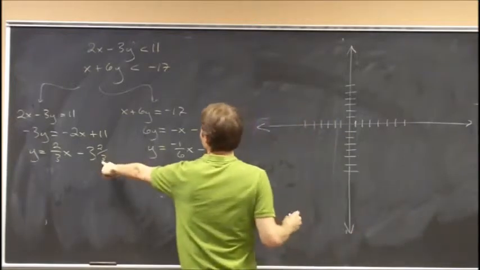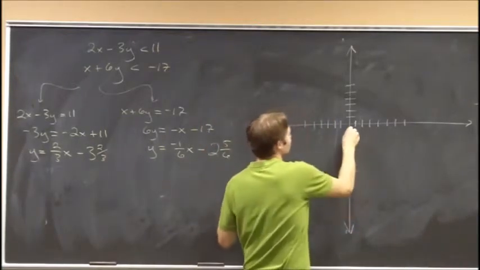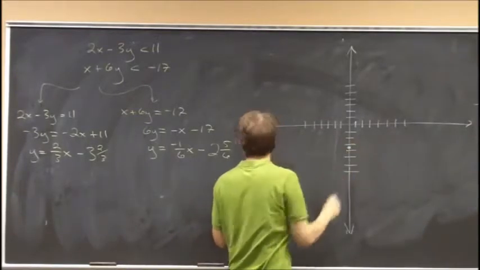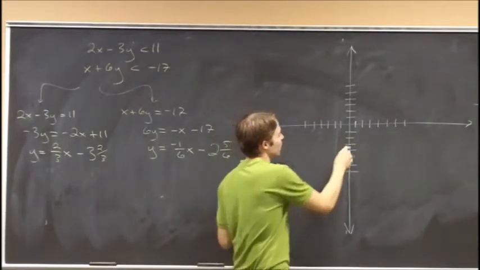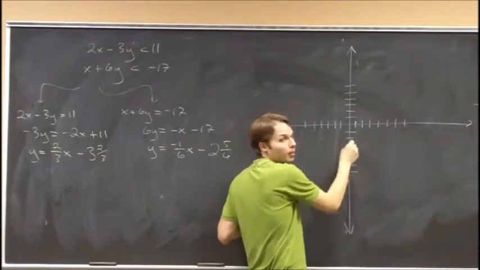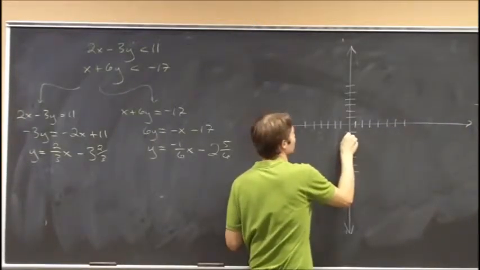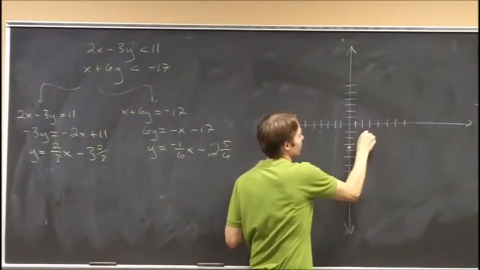Okay, so the first one has a y-intercept of negative 3 2/3, so 1, 2, 3 2/3 is about right here. And it has a slope of 2/3, so we'll count up 2, again staying in the right part of the hash, so 1, 2, and then to the right 3, so 1, 2, 3, so we get a point right here.